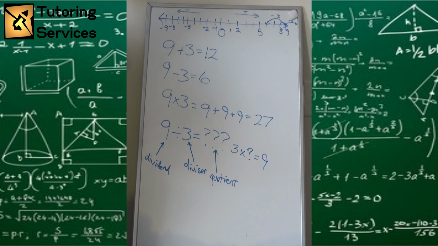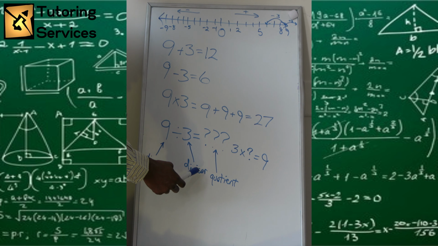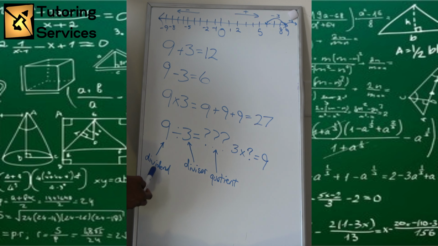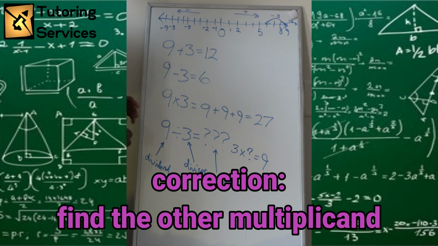Okay? Now in multiplication, you have a multiplicand and a multiplier and a product. Right? So essentially, your divisor becomes a multiplicand. This is your product. You're trying to find the other multiplier.